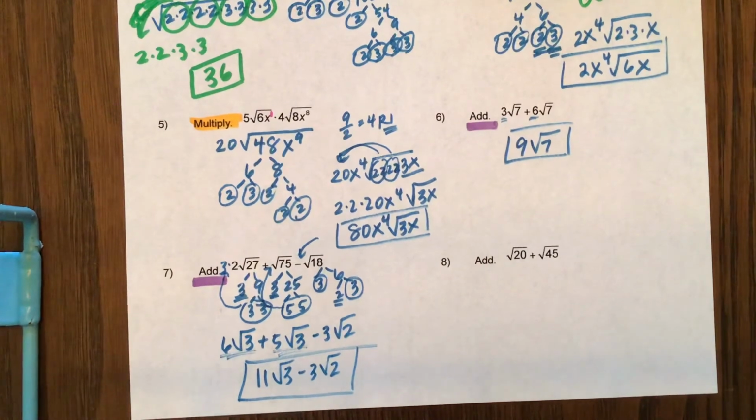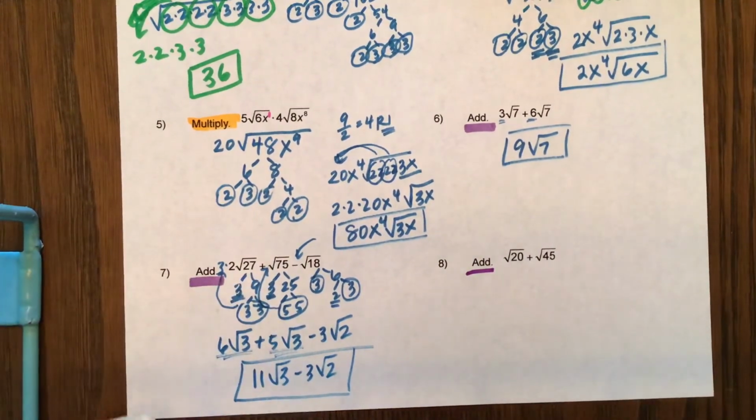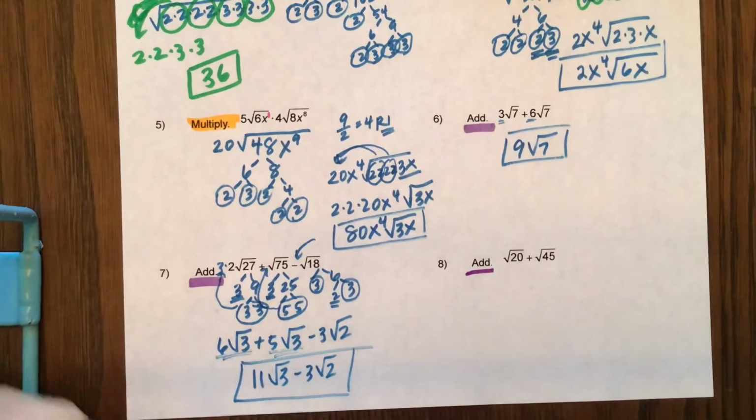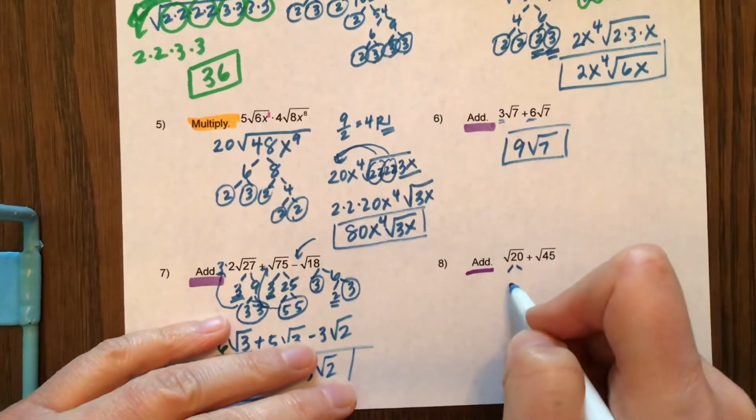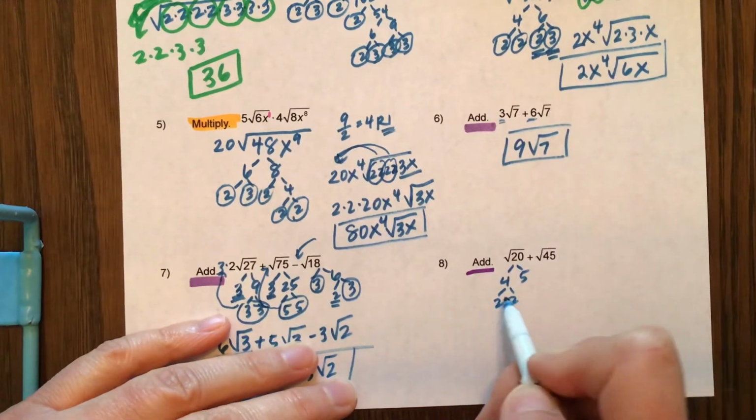Our last example is also adding. So I have to simplify. I can do 4 times 5, and I can break that into 2 and 2.